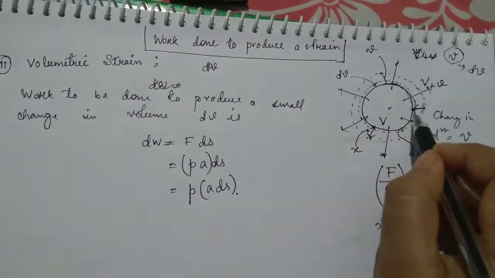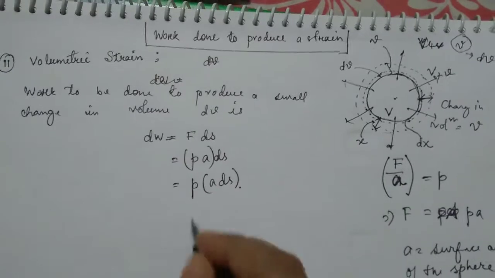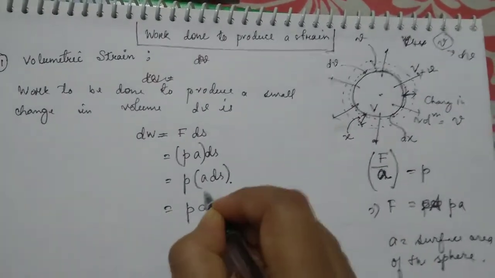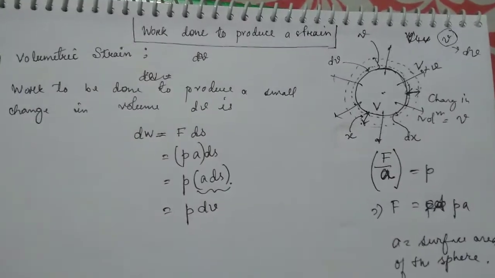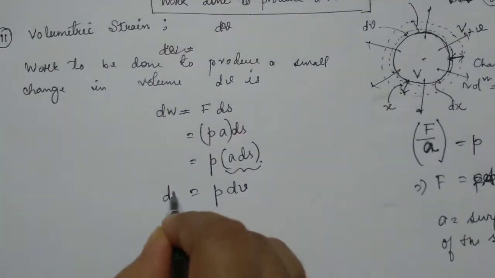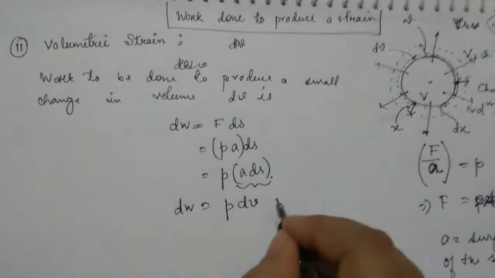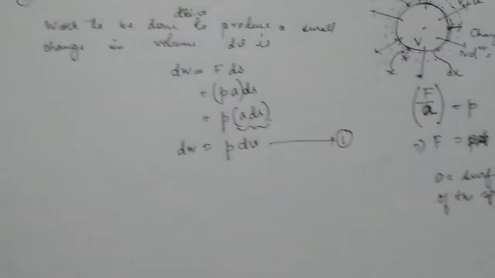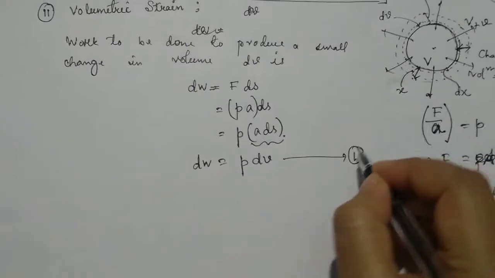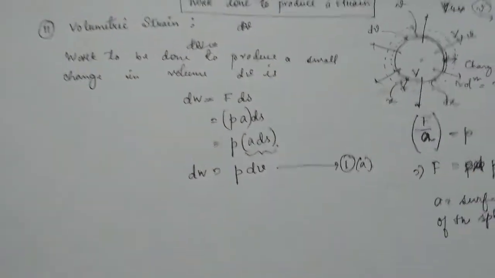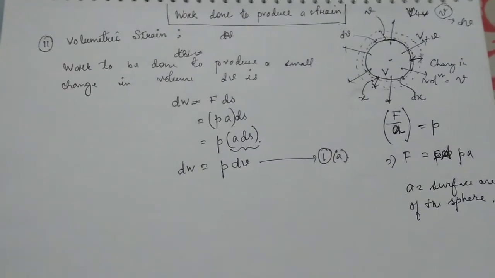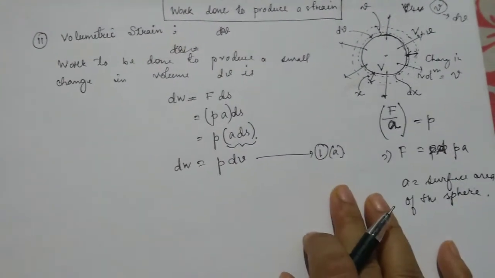So surface area into dx is nothing but the volume, which can be written as dV. So dW equals P into dV. Let it be equation number 1a, because in part 1, the longitudinal strain, we have already used 1.